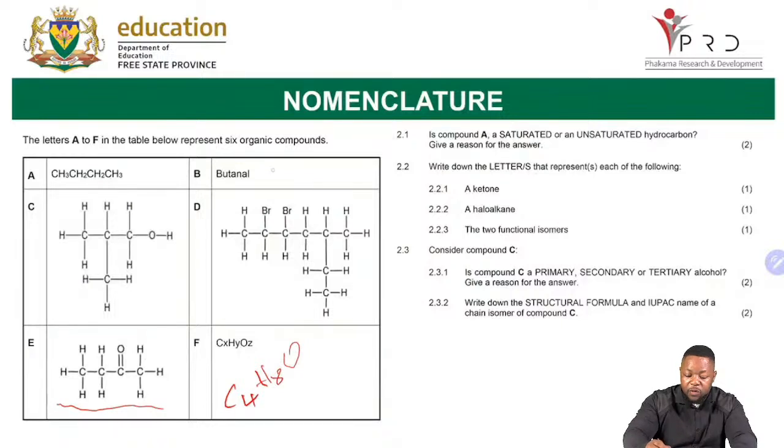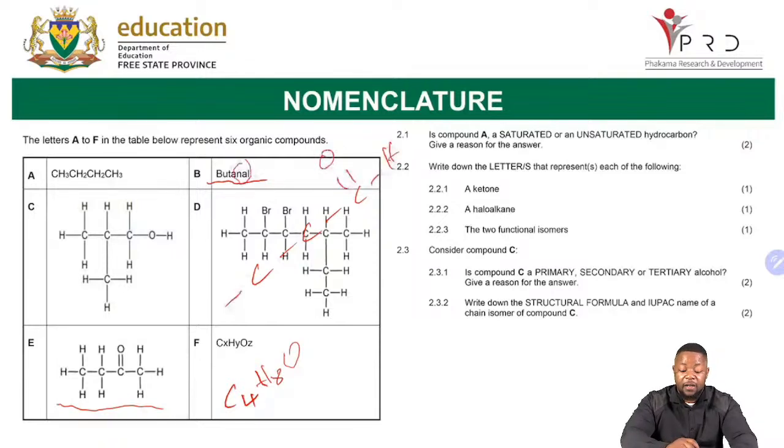But let's look at butanal. Remember, we indicated that if the examiner gives you a name, the examiner expects you to be able to draw that molecule. So for us to draw butanal, we look at the name ending, and we must be able to see that this is an aldehyde.